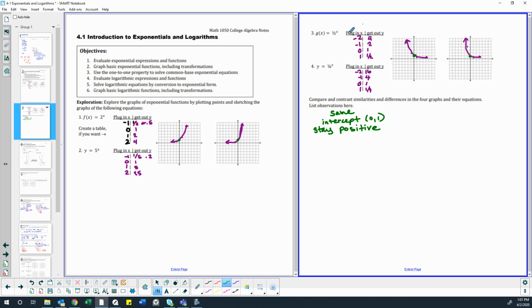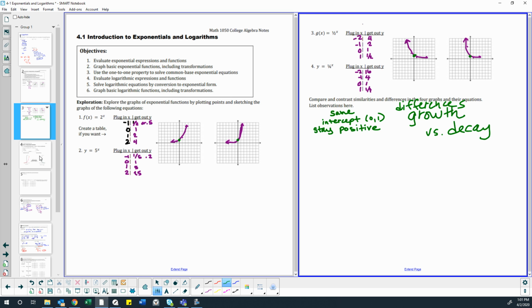And these two, the graphs are going downward with a base that's less than 1. So these are differences: growth versus decay. So we've got the graphs that are going upward and the graphs that are going downward.